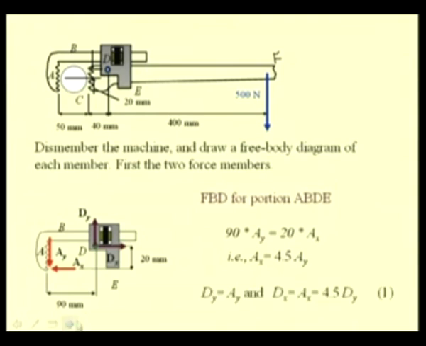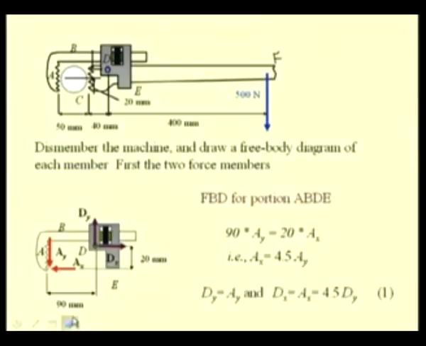Next, from the force summation equation, we have the relation that Dy should be equal to Ay and Dx has to be equal to Ax. Let us consider this set of equations as equation 1, and these may be used to solve the equations that we determine from the multi-force member. Let us now consider the free body diagram of the multi-force member CDEF.